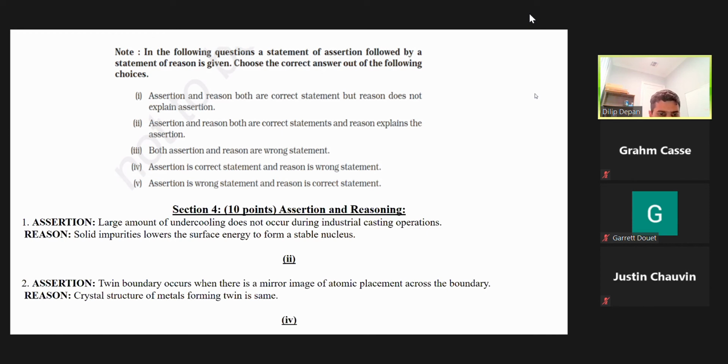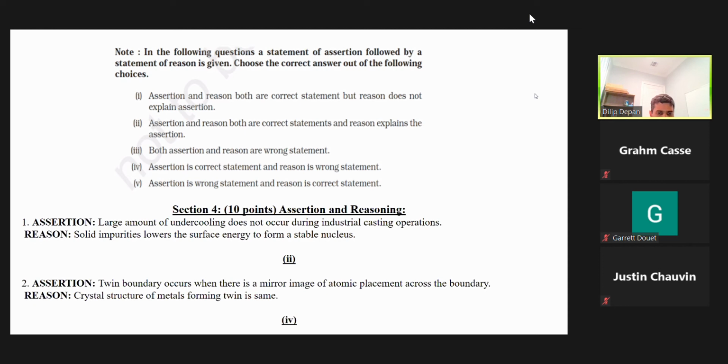I don't know what the reason is. Both of these questions are coming straight from the in-class problems that we do at the end of any chapter. Large amount of undercooling does not occur during industrial casting operations. Reason is solid impurities lower the surface energy to form a stable nucleus. Yes, both the statements are true, and the reason explains the assertion.